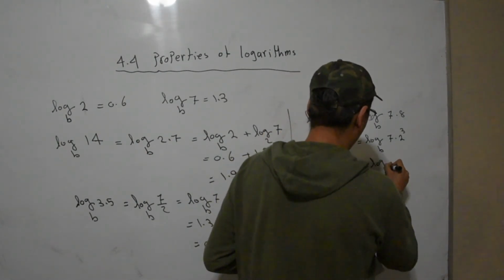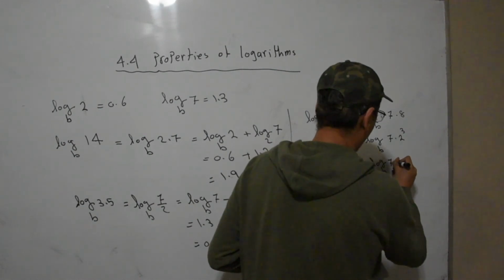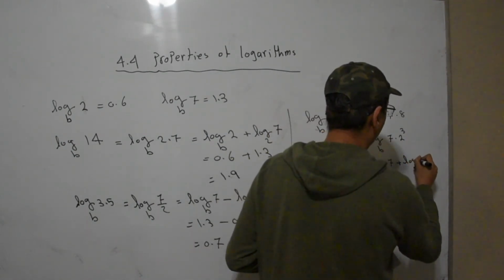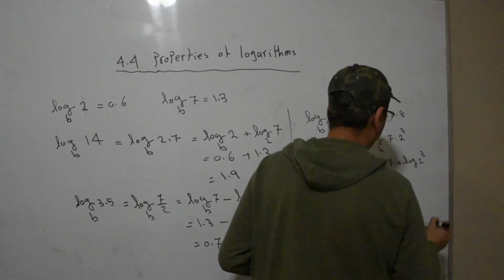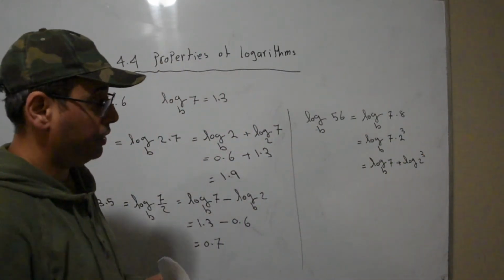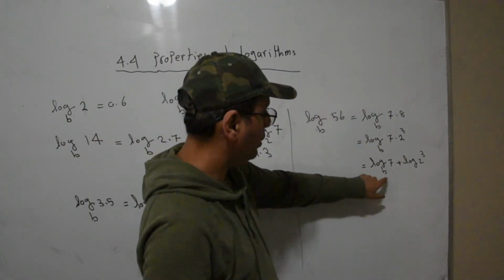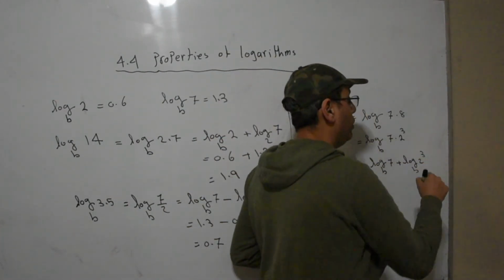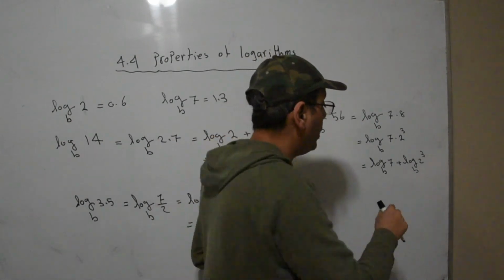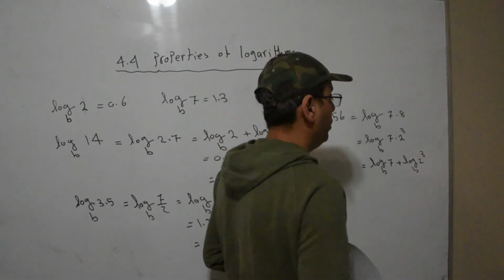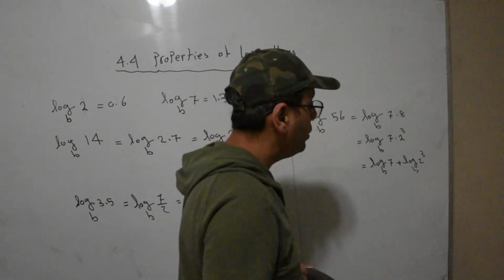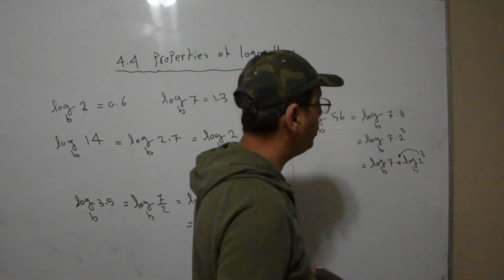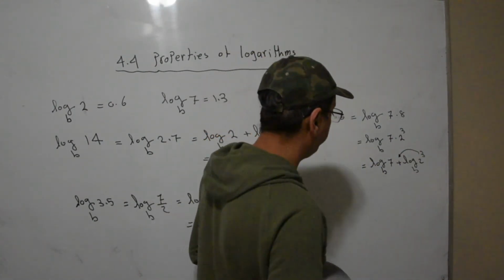I have log base b of 7 plus, this is a product, log base b of 2 cubed. Wait, this is fine, but I don't have log base b of 2 cubed. I have log base b of 2, but not 2 cubed. So I'm going to use the power rule here to move the 3 to the front of the log.